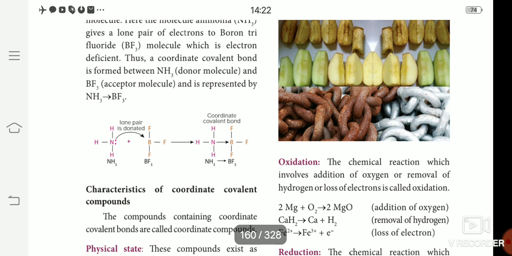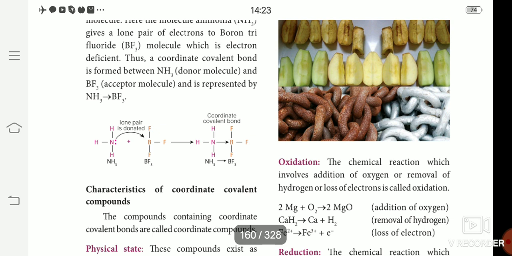Loss of one electron means the metal gets a positive charge, and gain of one electron means the metal gets a negative charge. In Fe2+, one electron is lost, so the oxidation state changes from 2+ to 3+.